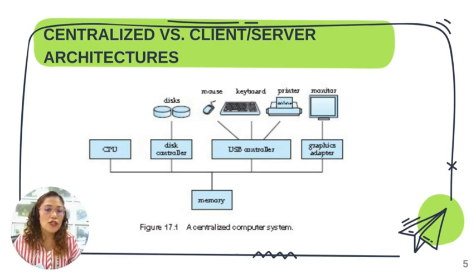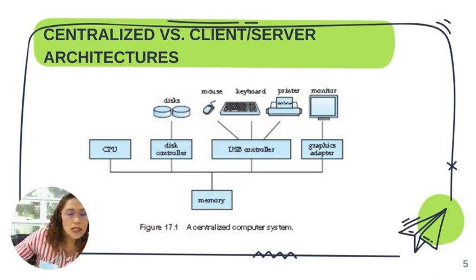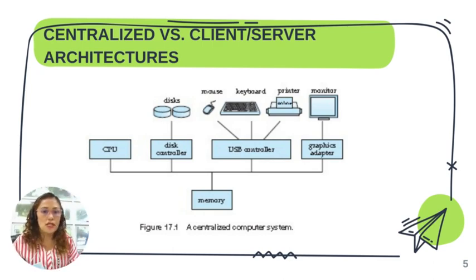So the only thing the user has is the workstation, the one with a monitor, a keyboard and the mouse. So every resource is coming from one server. The memory, CPU, and the storage spaces are all in the centralized server.